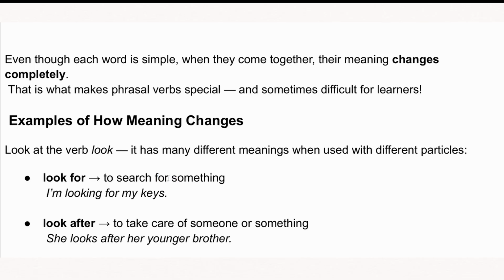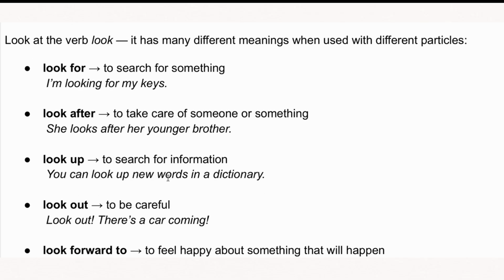Let's look at some examples of how meaning changes. We have here, for example, the verb look. Look has many different meanings when used with different particles. Here we add the particle for and we say look for. To look for now will mean to search for something. For example, I am looking for my keys, or I am searching for my keys.